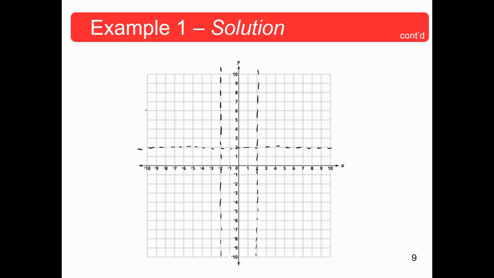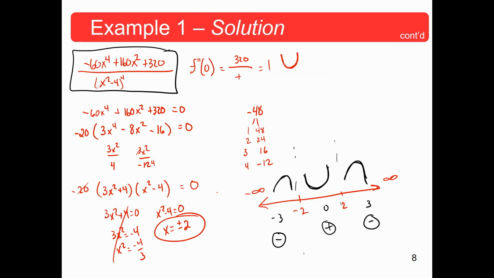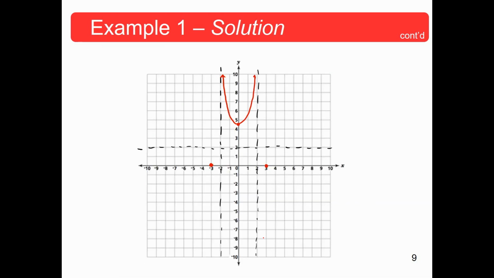We know we have intercepts. Let's do them in a different color. X-intercepts at -3 and +3, and a y-intercept at 4.5. We know that 4.5 represents a minimum, right? We also know that from -infinity to -2, we have concave down.